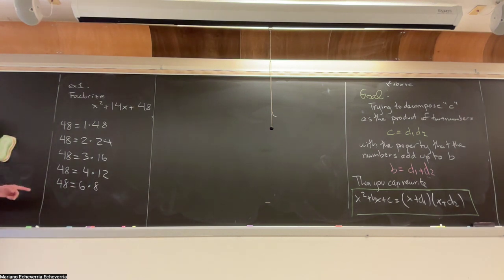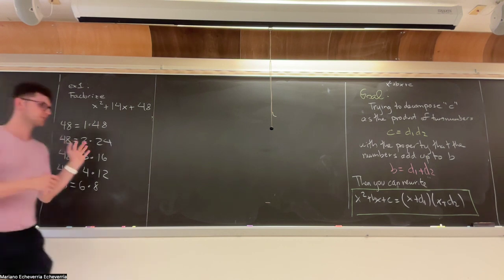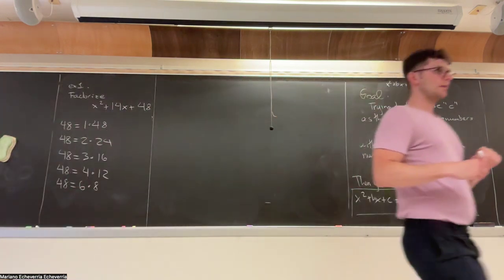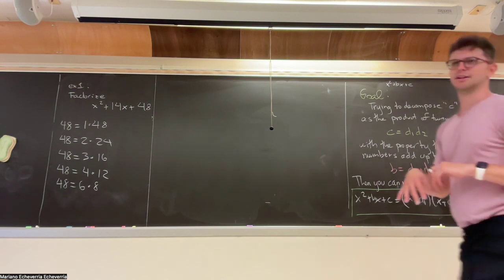And if you keep going, if you increase the first term, you would get to 8 times 6, and then you're going backwards, if that makes sense. So at least in terms of breaking it up into products of whole numbers, that is more or less the best you could do.